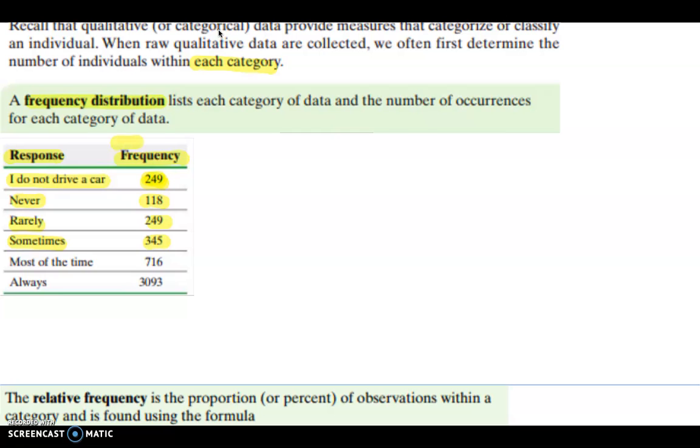And in the frequency column, when you add all of those frequencies together, that's the total number of respondents or people surveyed or data points. So when you take 249 plus 118 plus 249 plus 345 plus 716 plus 3093, that is the total number of respondents. If you add that up, 4,770 people responded to this survey.